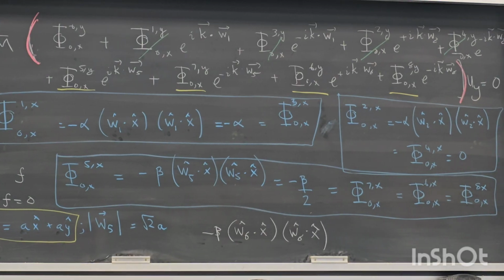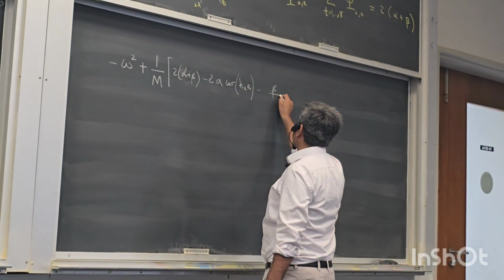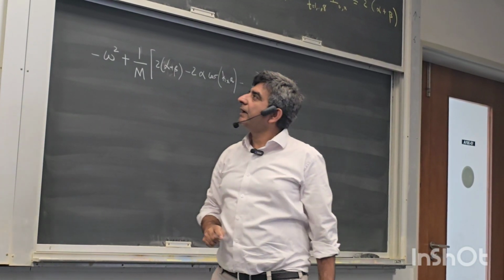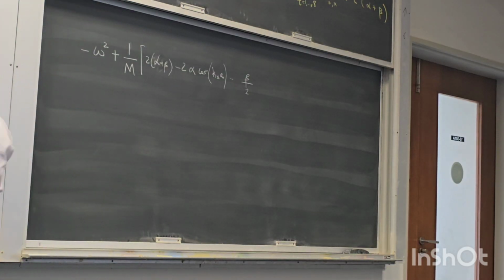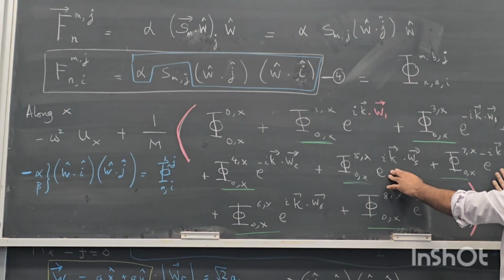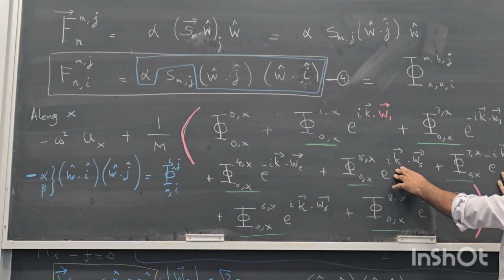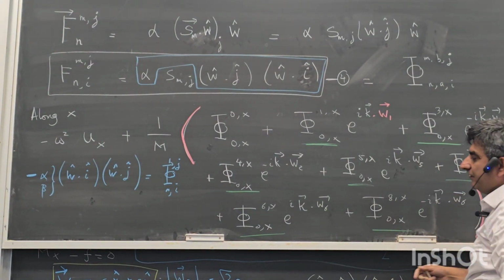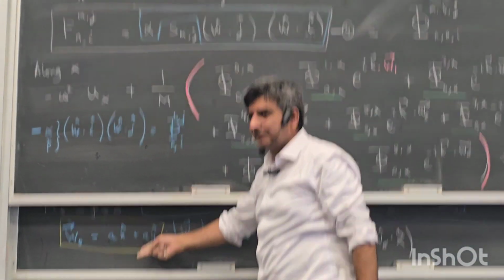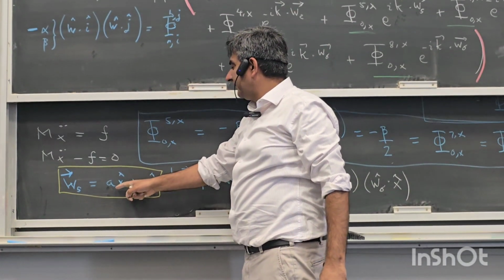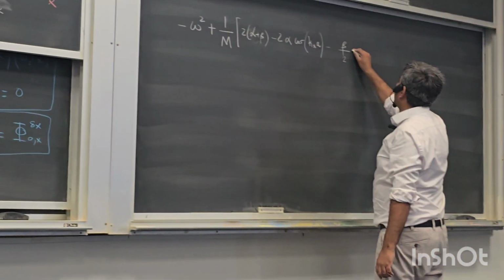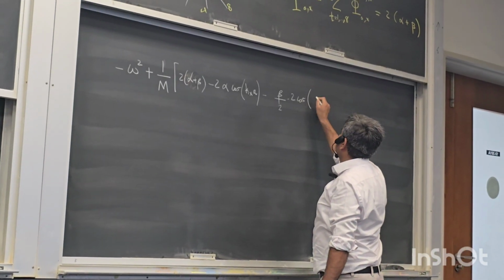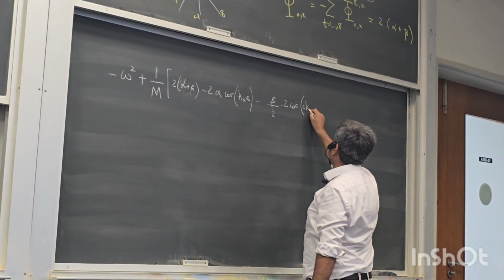So I get minus beta by 2, and I get, now these 2 terms, kw5 and k minus w5, will give me 2 times cosine of kw5. Now w5 is all of this. So I get akx plus aky. So I will get 2 times cosine of kxa or akx plus aky.